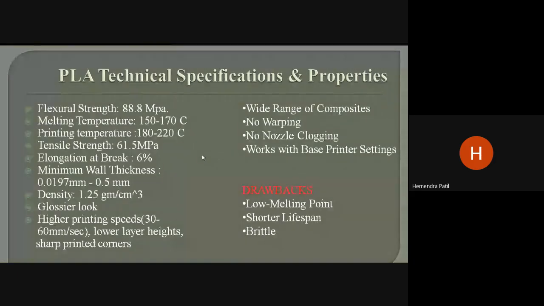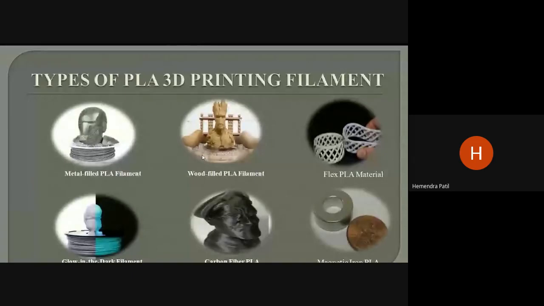So here are some of the types of PLA 3D printing filaments based on the PLA material. This is metal filled PLA filament. Metal filled PLA filament is manufactured by adding minute metal particles to the PLA. During the extrusion process, the mixture is drawn into the filament to form the metal filled material.